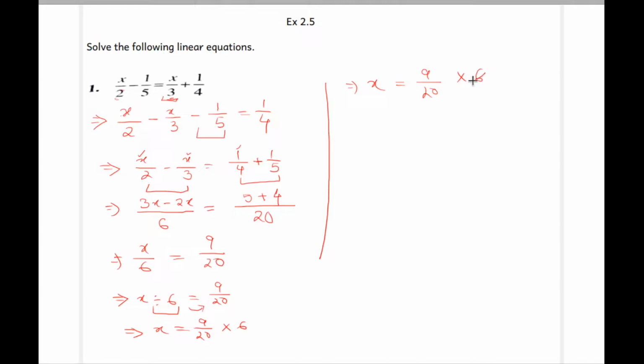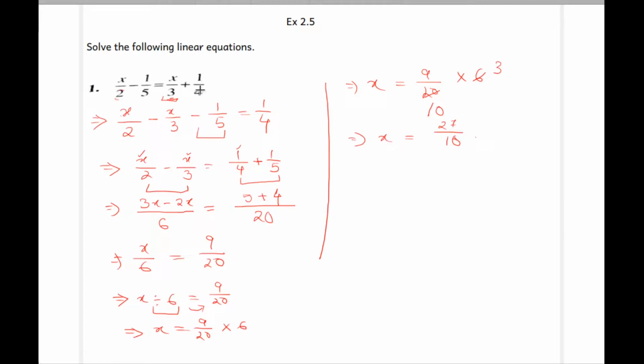If we reduce it to the lowest form, by 2 it will go 10, this is 3. So x equals 9 threes are 27 by 10. So this is the value of the variable x, 27/10.